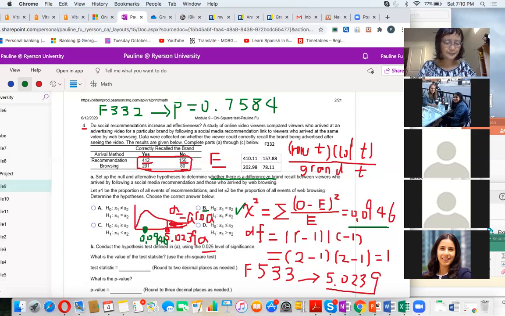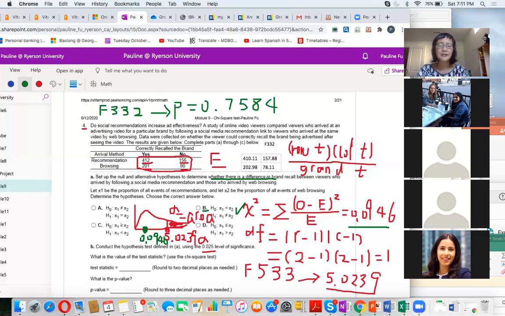And you get the expected value. Okay. So again, detailed steps are presented in the electronic textbook.